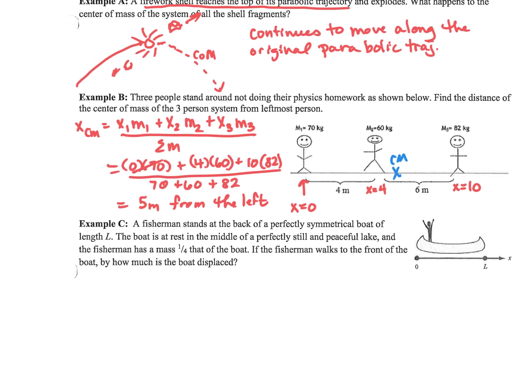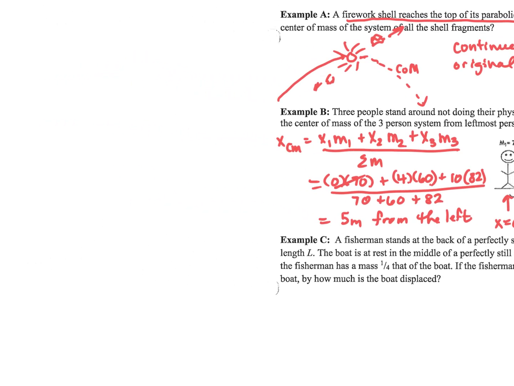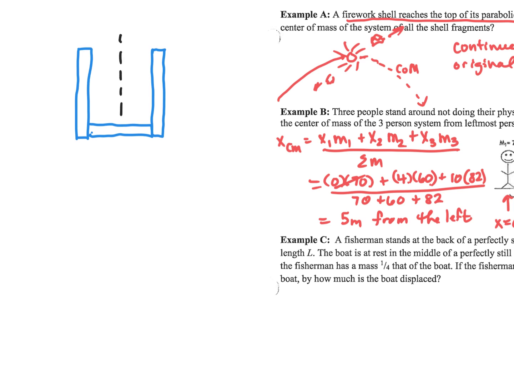Actually, before we look at the fisherman question, let's look at this. If I have a bar and a bar and another bar right here, okay? And I wanted to know, this is common sense, guys, I can pretty much tell you that the center of mass is going to lie straight down the middle if all of those are the same mass.